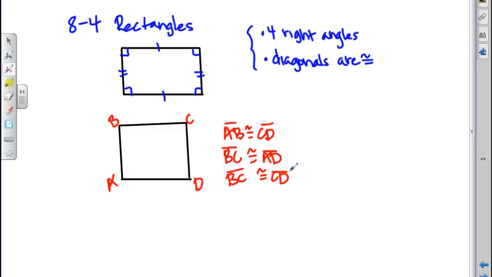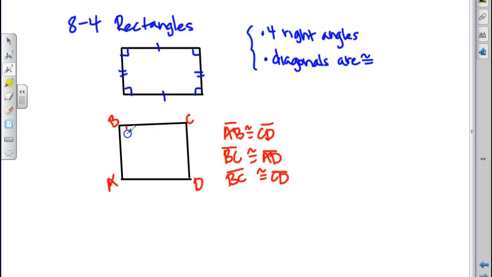So is this a rectangle or no? Well, opposite sides are congruent to each other and consecutive sides. So I know all of these sides are congruent, but I'm missing a piece. All the sides being congruent to each other does not make this a rectangle. I have to have right angles or they have to tell me the diagonals are congruent.